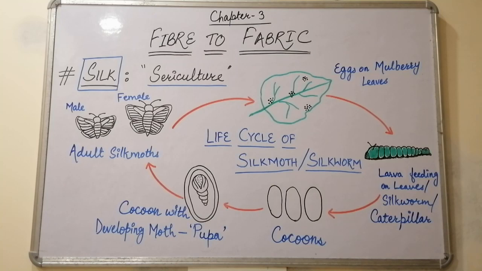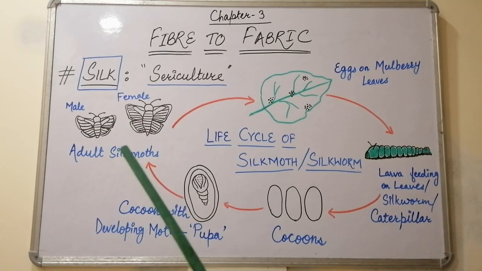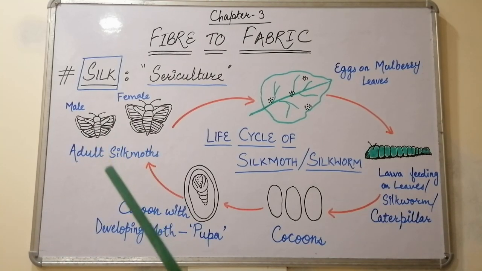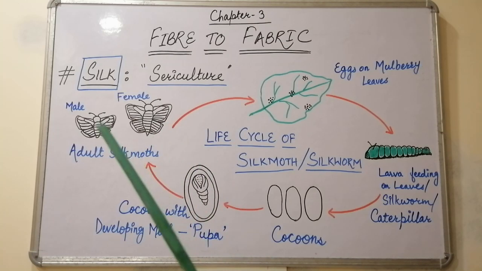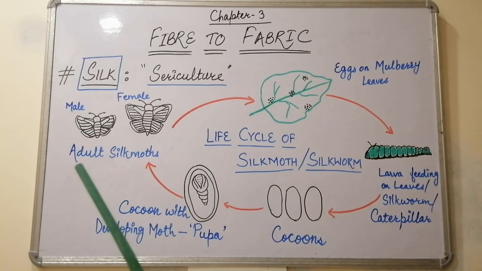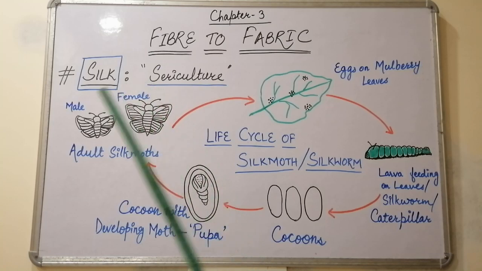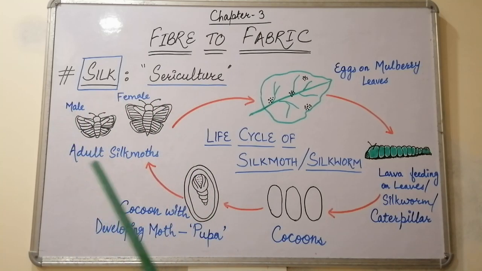The same way this pupa comes out by breaking the cocoon. It becomes an adult moth which has wings. The wings of the silk moth arise from its body, and just like a butterfly they are able to fly in the air.